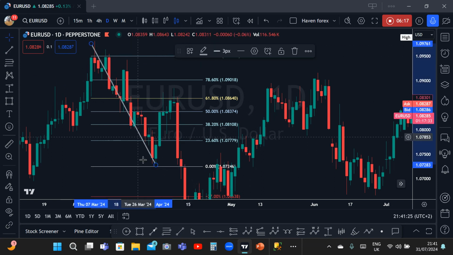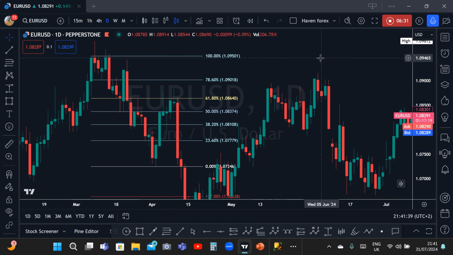This is a move, then before the retracement, if you retrace up to this 50%, that means this length, the 50% is half of it. So it often indicates a halfway retracement of the initial or the previous move.